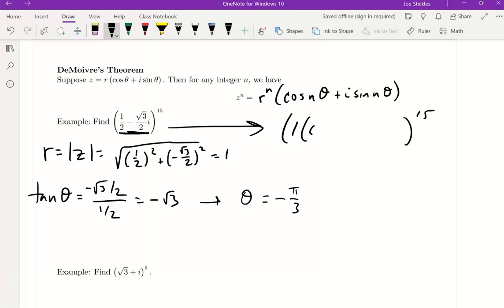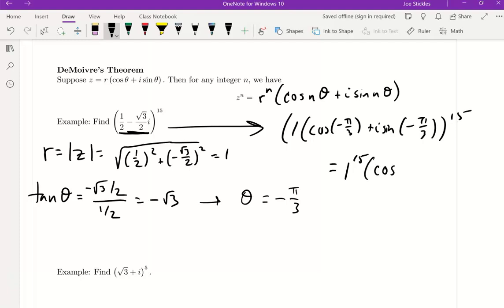The angle is negative pi over 3. I need to leave myself a little bit more room, apparently. According to de Moivre's theorem, we will do 1 to the 15th power. That's simple. And we will multiply the angle by 15.